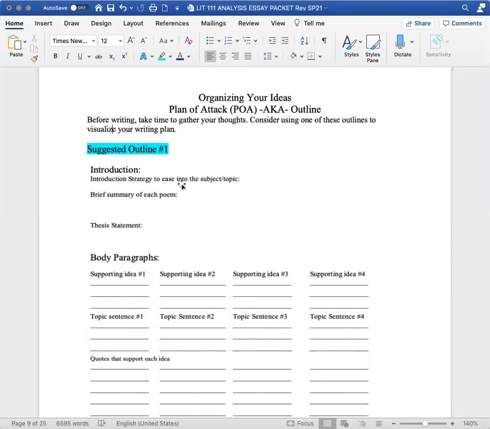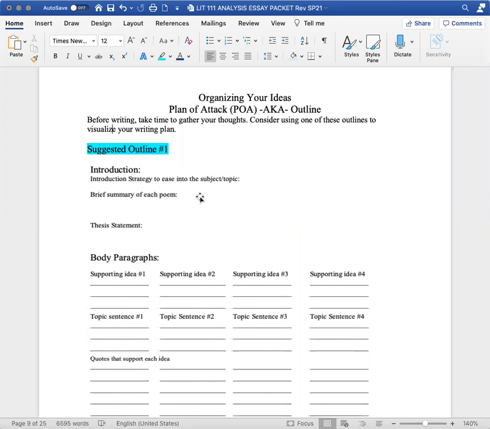You can use background information, which I think everybody will do by giving a brief summary of each poem. If there's some other kind of background or context that's needed, a historical reference, or something about the poet or the time period, by all means, you can do that as well in the introduction.